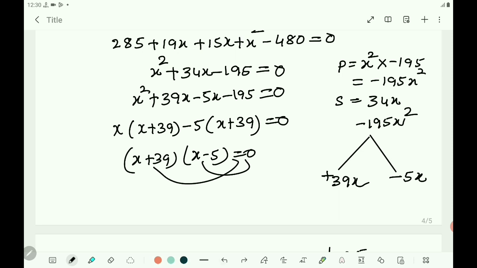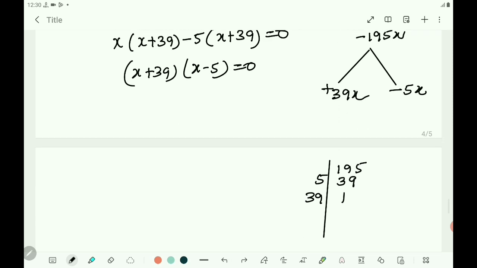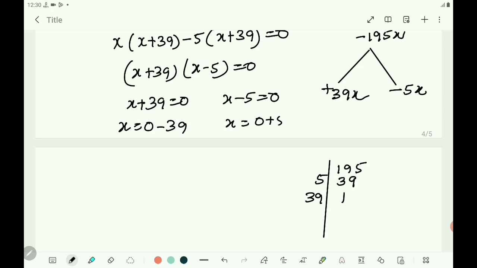Equate each factor to 0. X plus 39 equals 0 or x minus 5 equals 0. X equals 0, transfer this 39, it becomes minus 39. Here x equals 0 plus 5. You got x equals minus 39 and x equals 5.